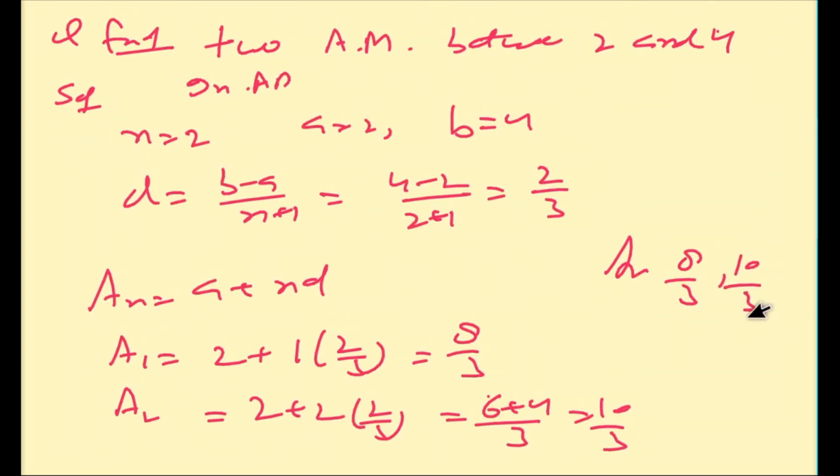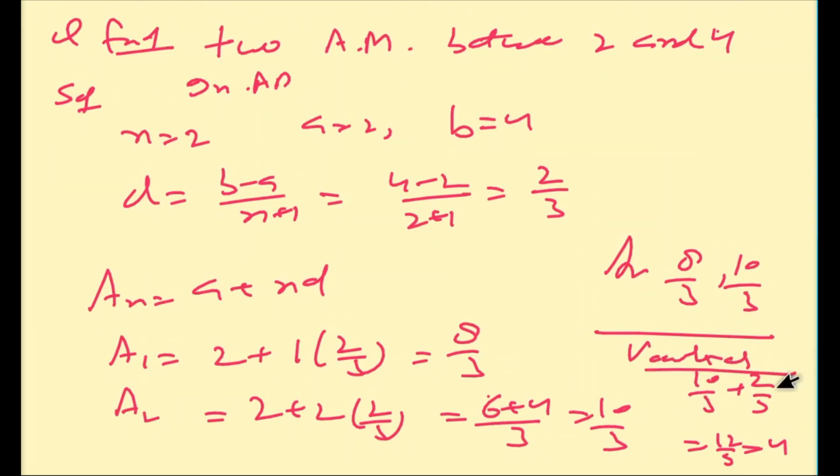Now to verify the answer, if you add d again to 10 upon 3, you should find the value of the last term. So 10 upon 3 plus 2 upon 3, we get 12 upon 3, equal to 4. So it is verified. If it is the last term, it means your answer is correct.